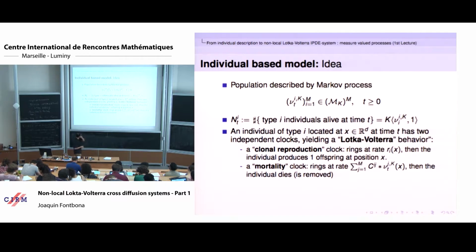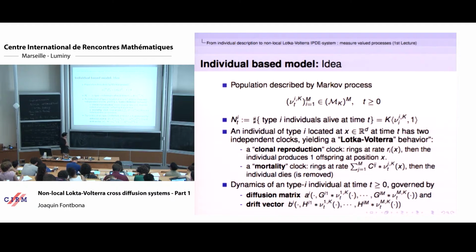If that clock rings, the individual dies, which means that it is removed from my measure, from the support of my measure. And the spatial dynamics will be governed by the diffusion matrix and the drift vector which I introduced.